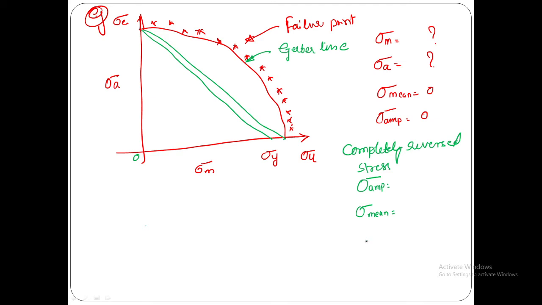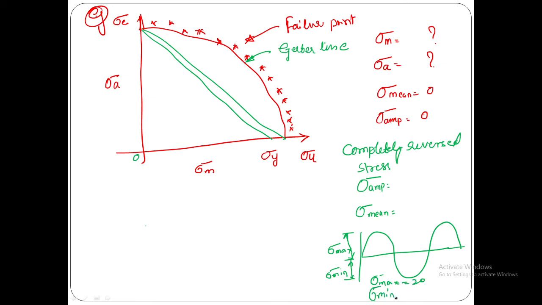I will draw the diagram here. Completely reversed stresses. Now this is the maximum, and this is the minimum. Let us take sigma max equal to 20 megapascal and sigma minimum equal to minus 20 megapascal. Now quickly calculate and give the value.